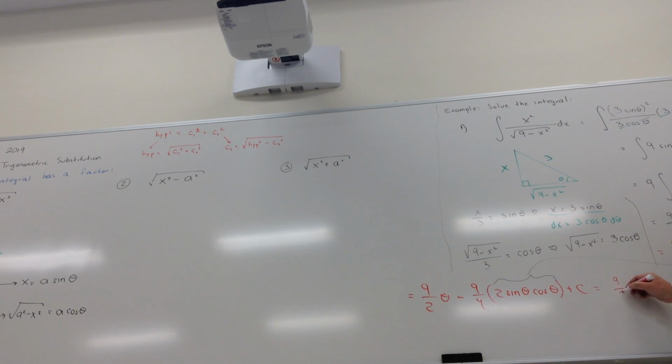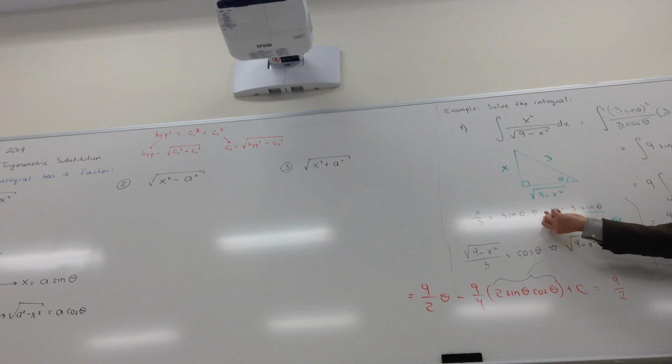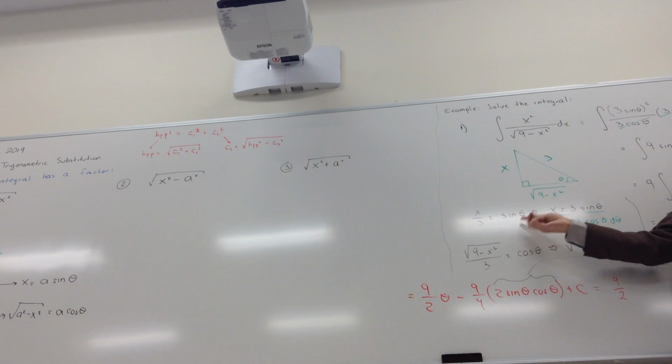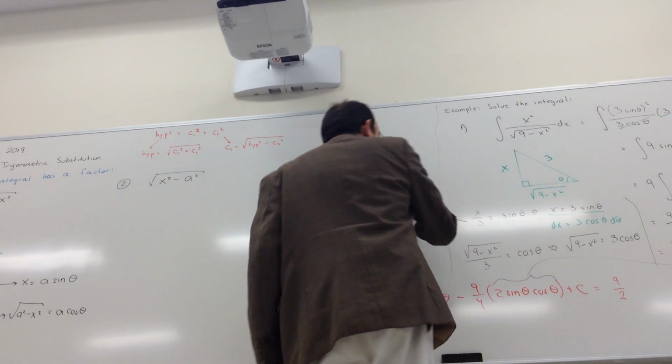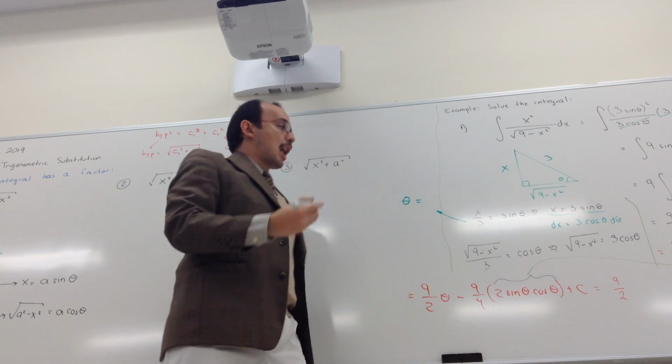And now, 9 halves theta. How do I change theta to x? Isolate from where? Could be from the triangle, yeah. From the triangle, how do I get theta? Or even better, here you have x over 3 equal to sine of theta. So from here, what's the value of theta? Arc sine.